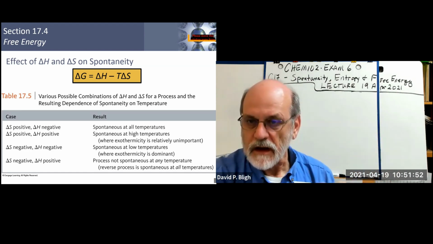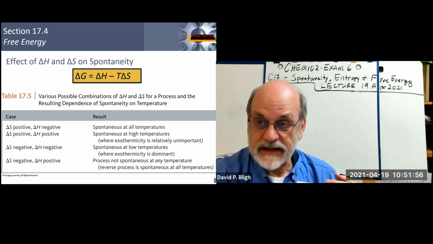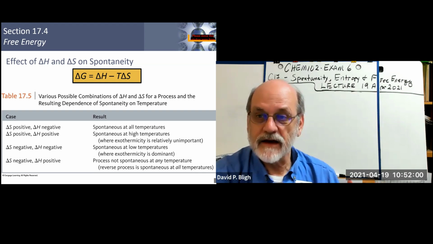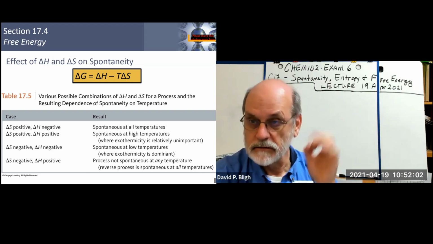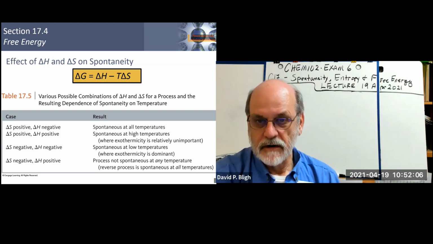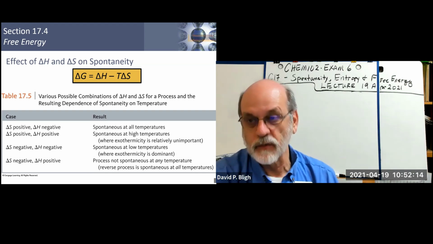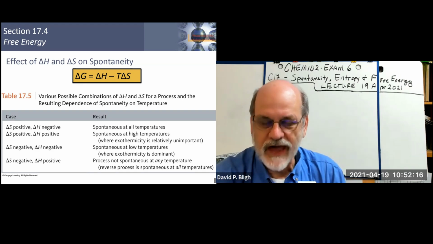Well, anything that was elemental in its standard state, like O2 gas, had a standard enthalpy of 0. It's not the case for delta S. All delta S's are positive non-zeros for every reactant and every product. And we'll look at those in just a minute. We'll do an example.